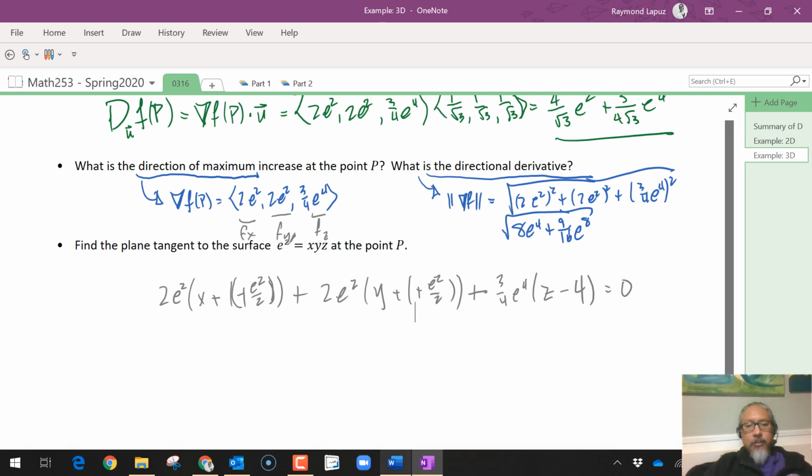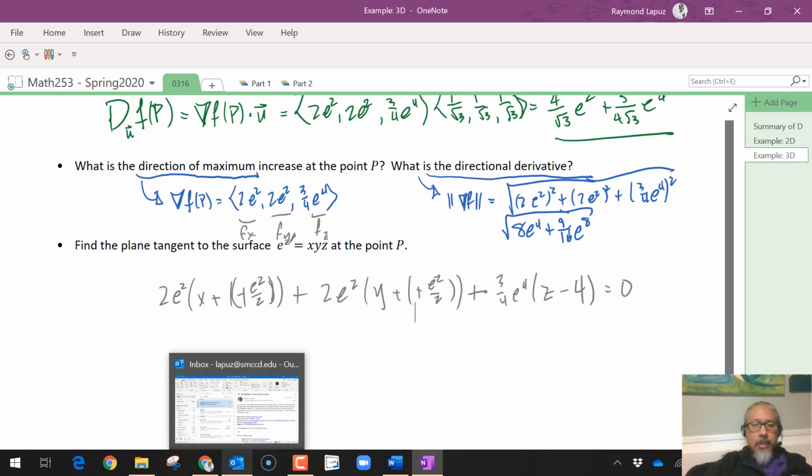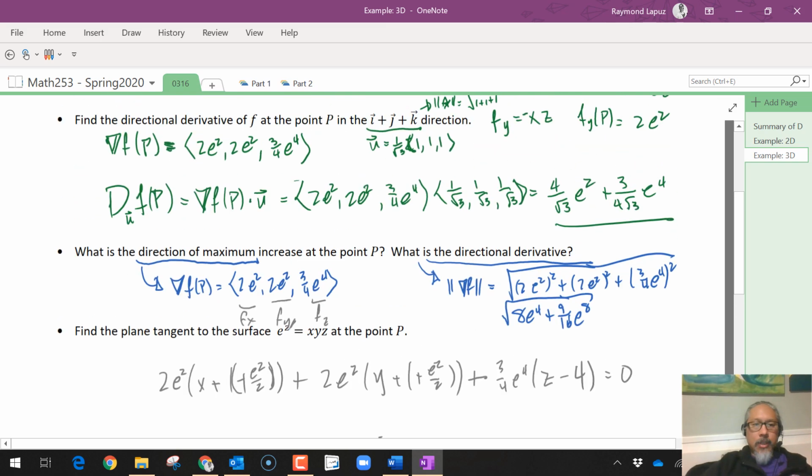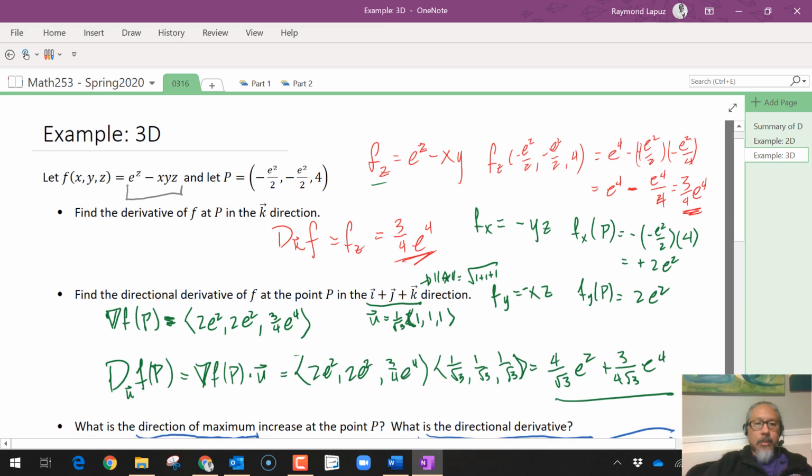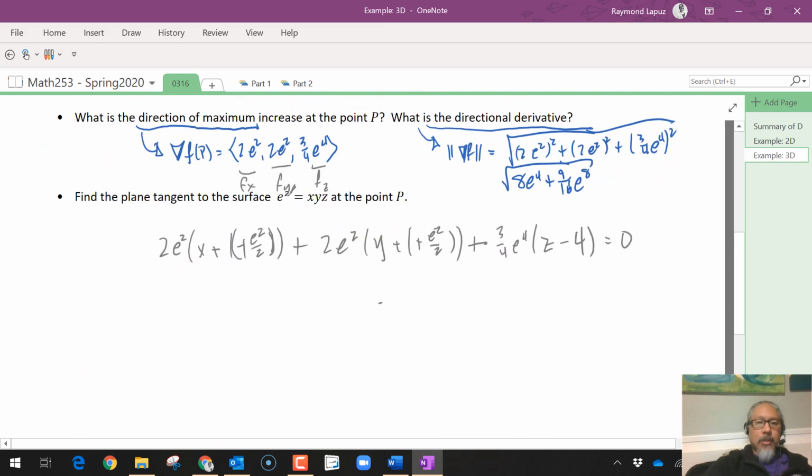Let's take a look at the graph. And if you remember back, this is the graph that we actually did one time in class. If you take a look at this, we can consider it as if it was a level curve, f of x, y, z equal to e to the z minus x times y times z.